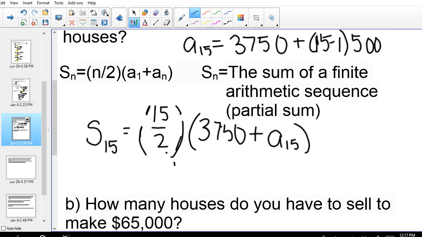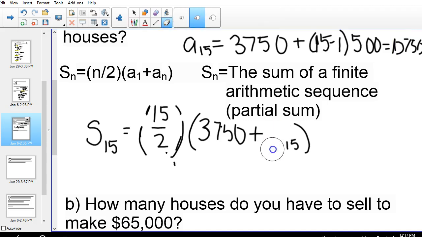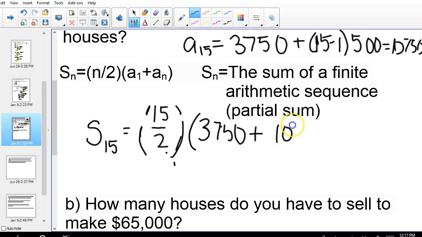So 3,750 plus 14 times 500 is going to give you 10,750. So that a sub 15 is 10,750.